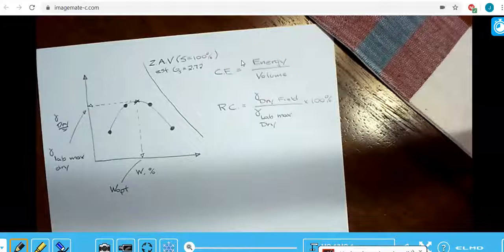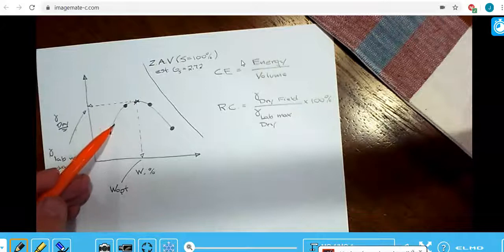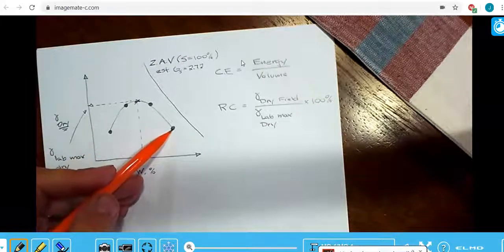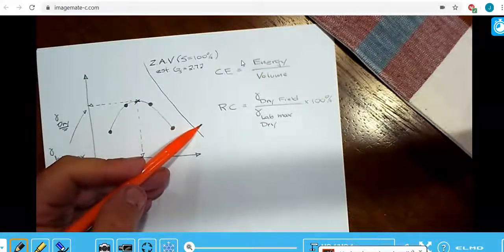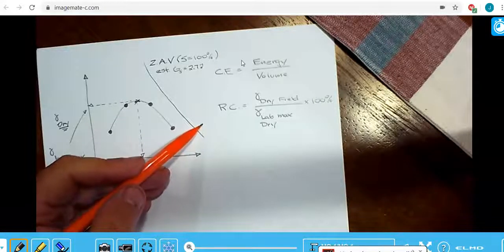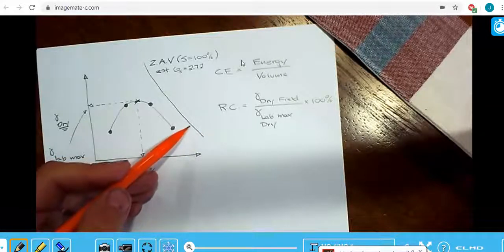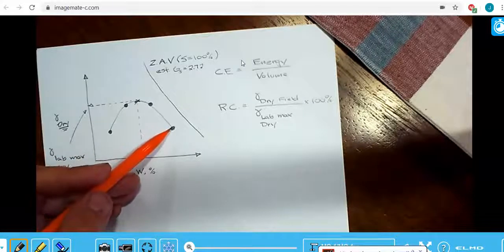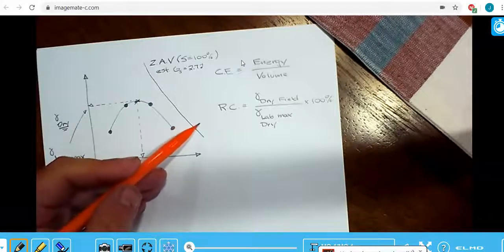Well, it's a boundary for possible data points. It would be impossible to have a data point on the other side of the zero air voids curve. That's probably the chief reason why you'd have the zero air voids curve: you know that data has to be on the left side of the curve because you couldn't have a value over here.